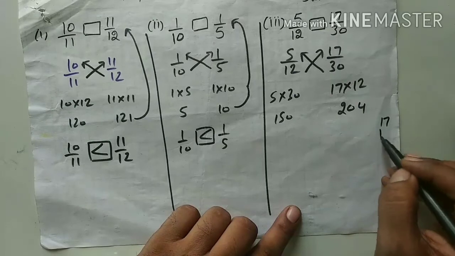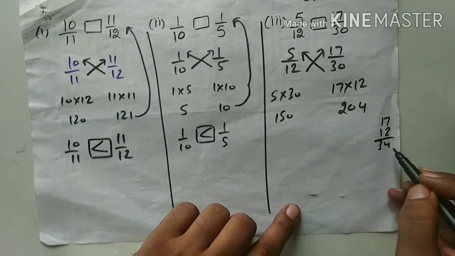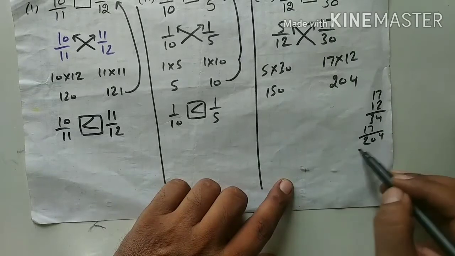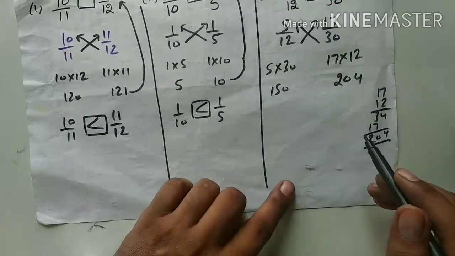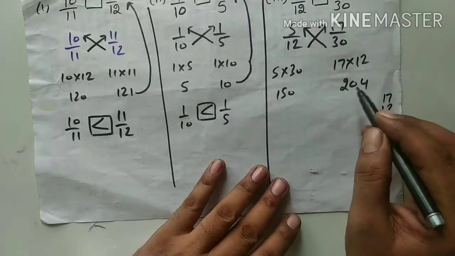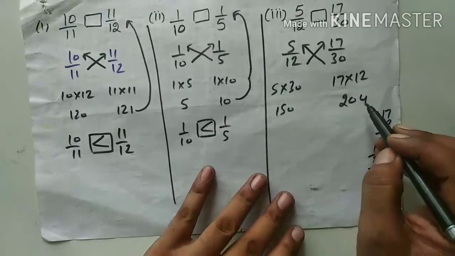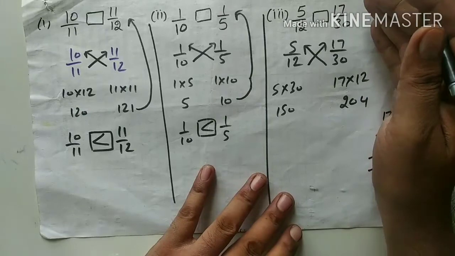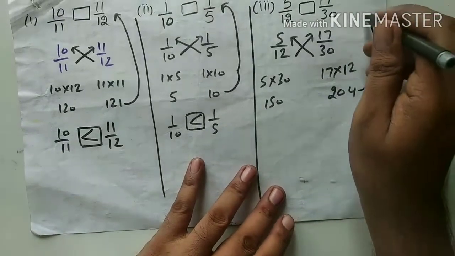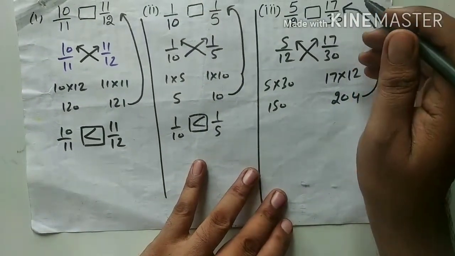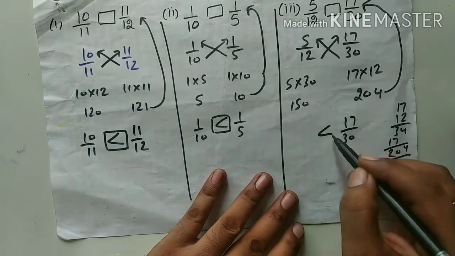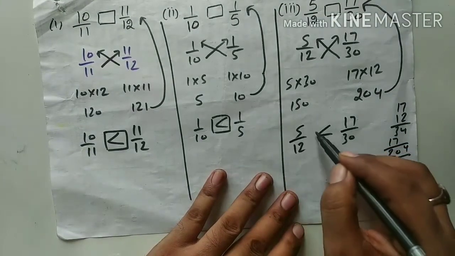Okay, 17 multiplied by 12, let us check. 34 and 17. So student, see how we find the answer in the shortcut multiplication method. Now 204 is greater and 204 is on which side? The fraction 17 by 30 is greater. So 17 by 30 is greater than 5 by 12.